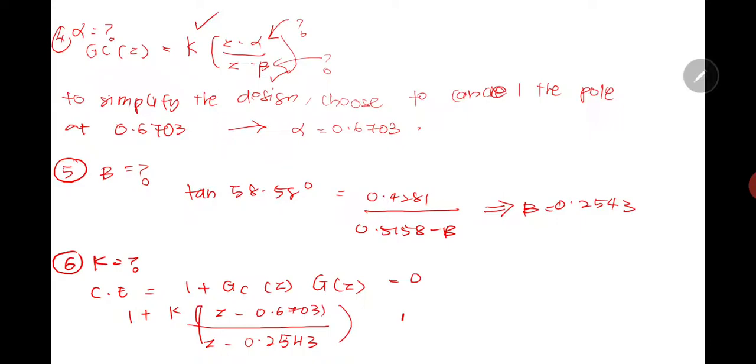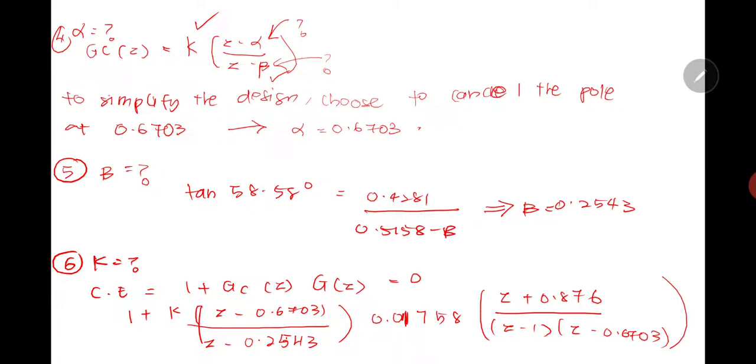Just now, the combination of zero order hold and plant transfer function is 0.01758 multiplied by Z plus 0.876 over Z minus 1, Z minus 0.6703. So this is equal to 0. We want to find what K is.